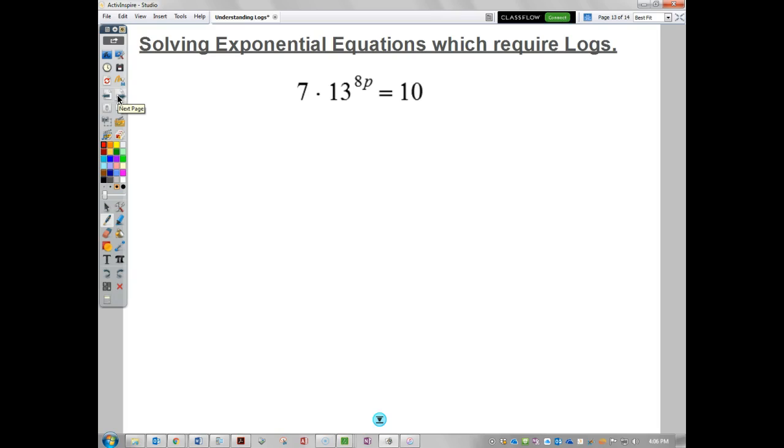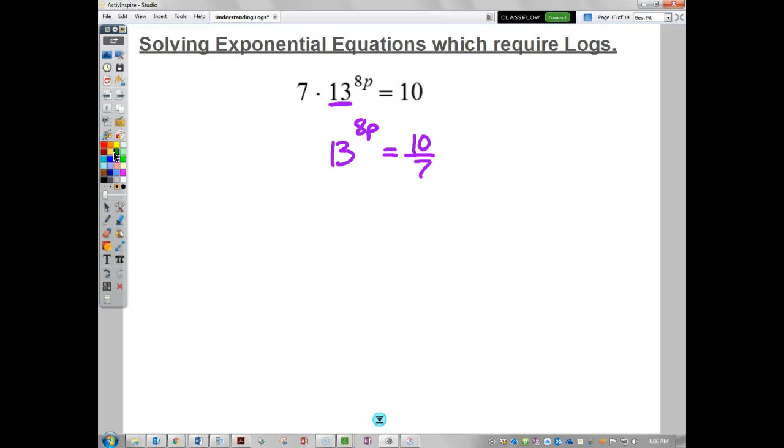And some equations are a little more complicated. Like I said, with either log or exponential equations, you must isolate the base or the log. In this case, we're isolating the base of 13. It's being multiplied by 7, therefore I must divide the 7 away. And 10 does not divide evenly by 7, so I'm going to leave it as a fraction.